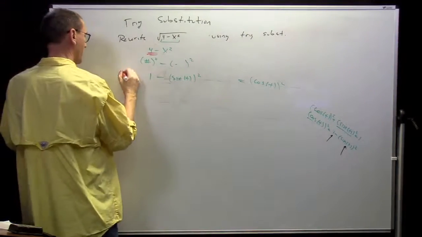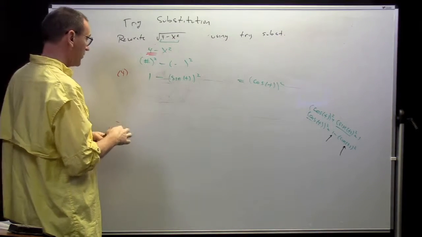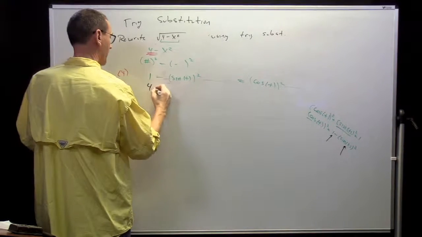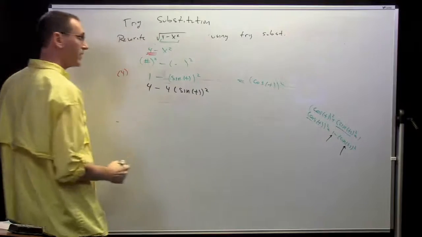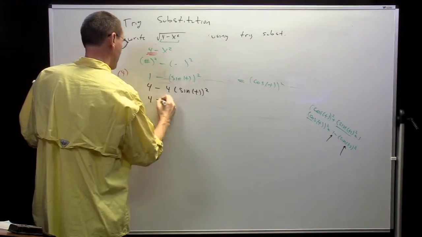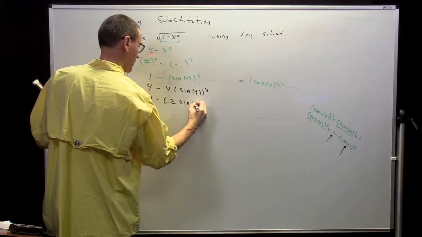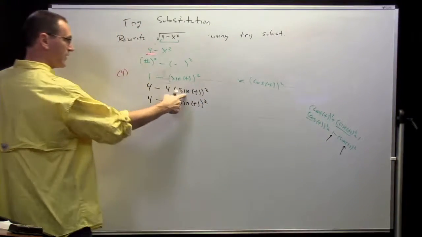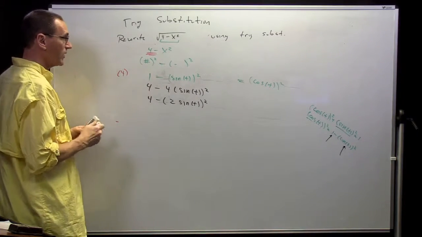So here's what I'm going to do: I'm going to multiply everything by 4. So if I do that, what do I get? I get 4 minus 4 times sine of t squared. Let me bring that inside the square. So this expression is the same thing as 2 sine of t quantity squared.